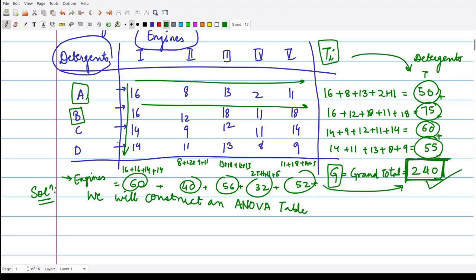This is your TA and the number NA. There are how many elements? 1, 2, 3, 4, 5. So in total we have 5 elements here. Similarly, for each of these we have 5 elements, and here for each of these we have 4 elements. So for the first engine we have 4 detergents, for the second engine we have 4 detergents, and so on.